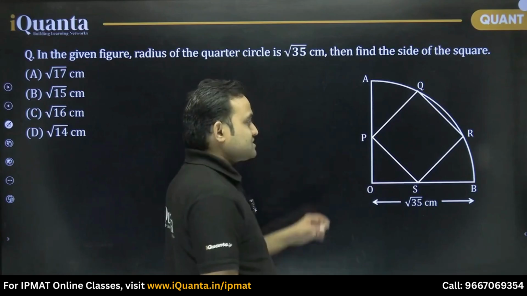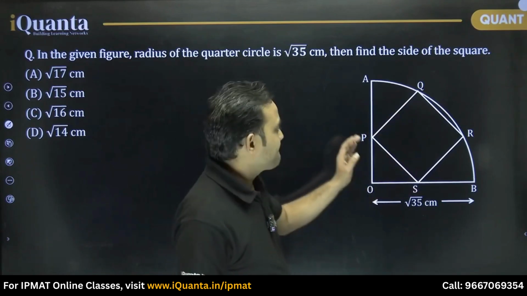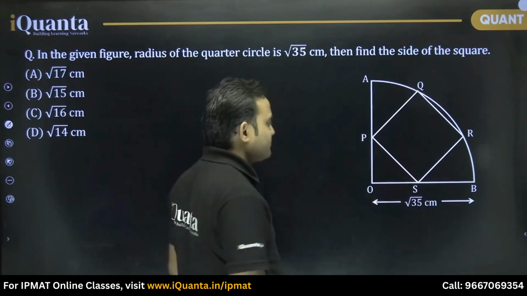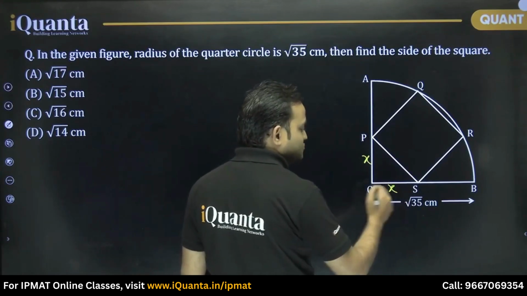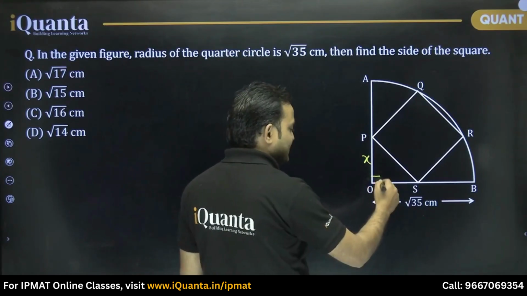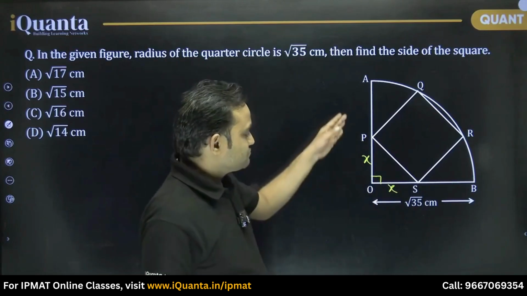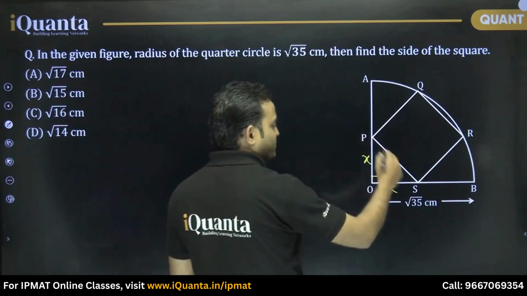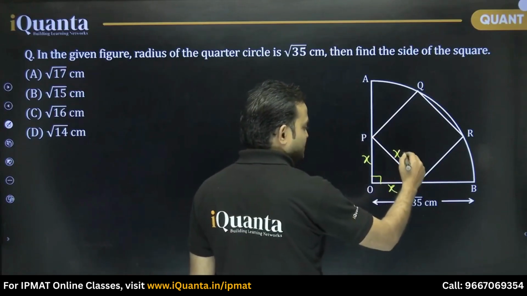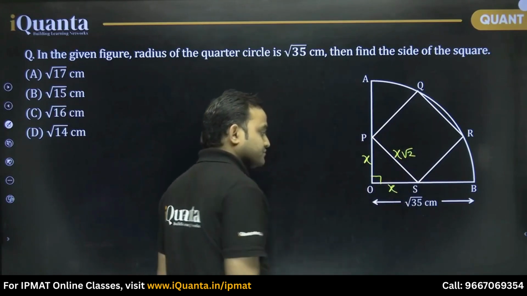Because PQRS is a square, this will be a symmetric figure. If PQ is X, OS will also be X. And as this is a quarter circle, angle SOP will be 90 degrees, and so PS, which is the side length of this square, will be X root 2.